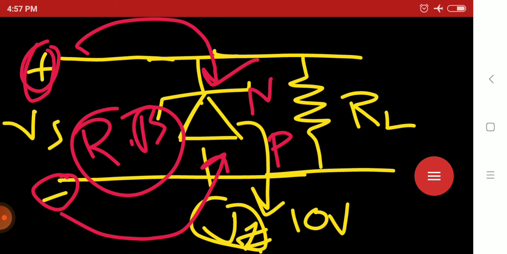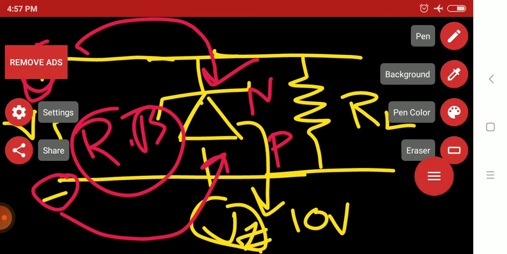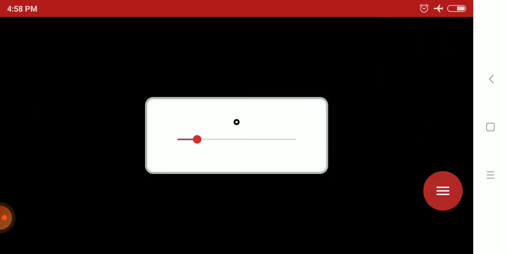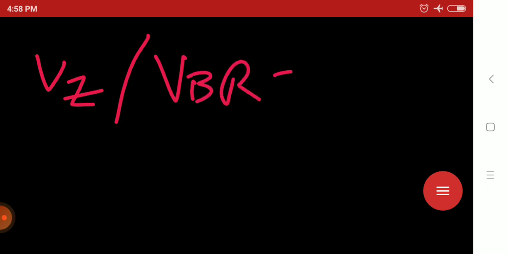But up to which limit? Reverse bias also has a limit, a biasing limit. The limit is up to Vz or V breakdown, which is given as 10 volt.